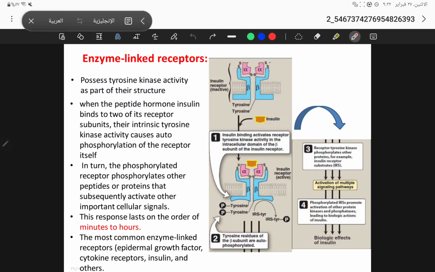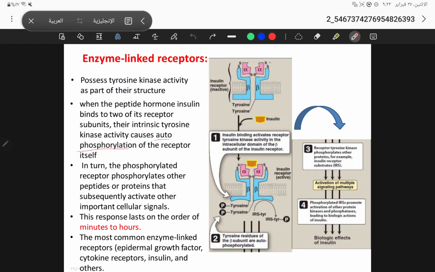Okay? So, for these receptors to be activated, they should bind a molecule of the agonist. When peptide hormone insulin binds to two of the receptor subunits, there is intrinsic tyrosine kinase activity, causing phosphorylation of the receptor itself. لأن الريسبترز ما تحتاج إلى فد شيء بعد molecule يمها أو قريبة عليه.